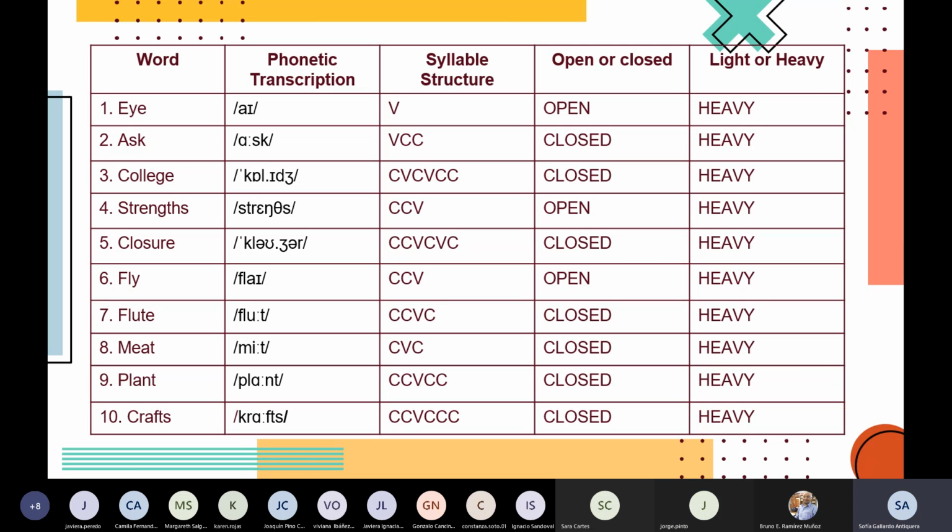A vowel sound, meaning a monophthong or a diphthong, is always the nucleus of a syllable. You can find that sometimes in a transcription of some words, the vowel sound does not appear.